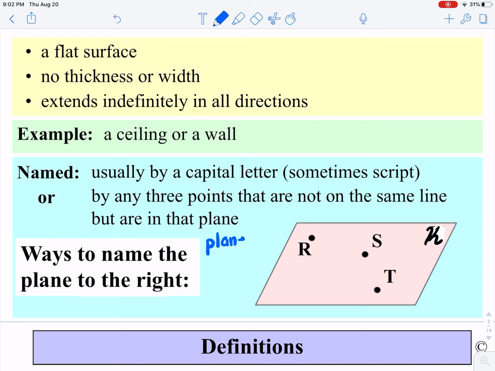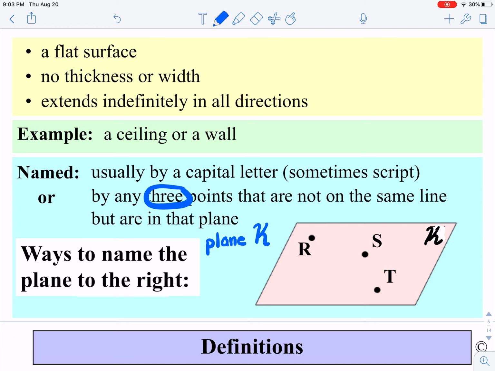So you can write plane K. This one is written by either a capital script letter, and you could just say plane K, or it's three points that are not on the same line but in the same plane. So if these three points were lined up, like if I had this, I could not call this plane A, B, and C, because those are on the same exact line as well as being on the plane.